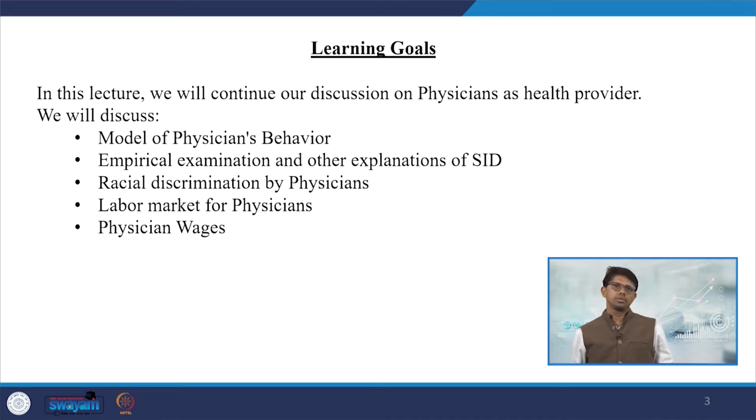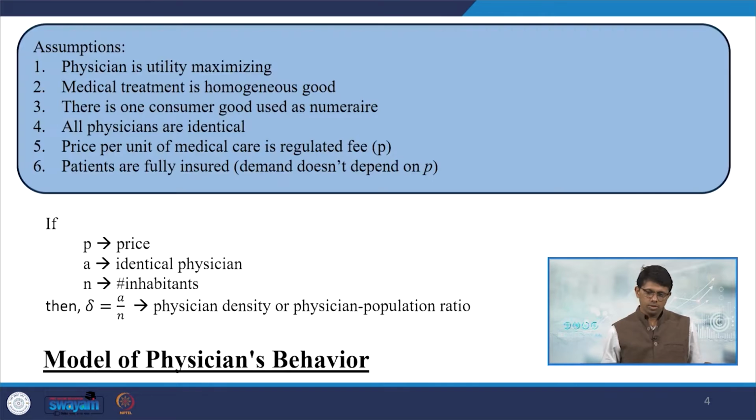One of the discriminations is racial, or maybe efficiency and non-efficiency based discrimination, etc. Last but not the least, an aspect covered in this lecture is the labor market, as well as wages, and how they are responsible for determining supply in healthcare through the physicians.